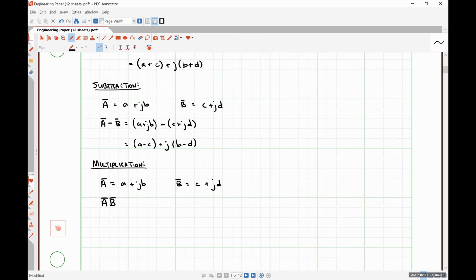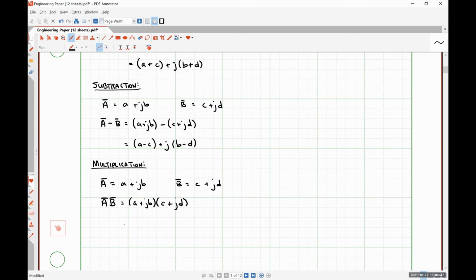So when I multiply complex numbers A and B, sorry, this should be c plus jd. I have, in rectangular form, I wind up having to FOIL all this out, right?